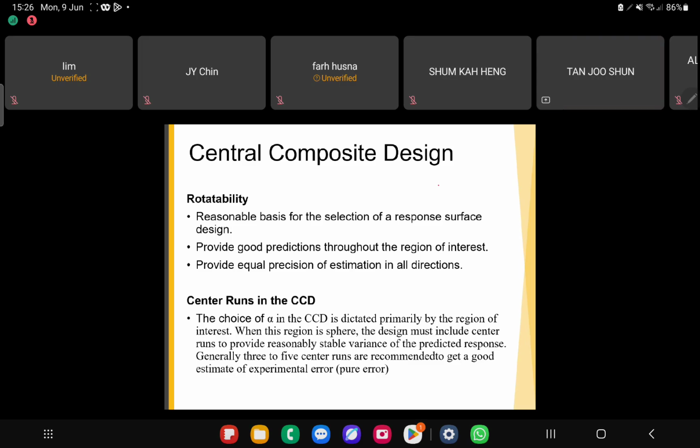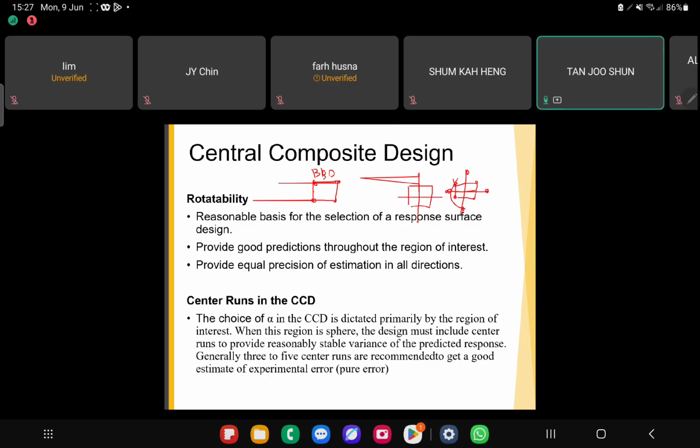Okay, so in BBD, they predict all the things at 4 points. This is BBD. In CCD, they predict these 4 points, and because they have axial points, they will predict this here too.